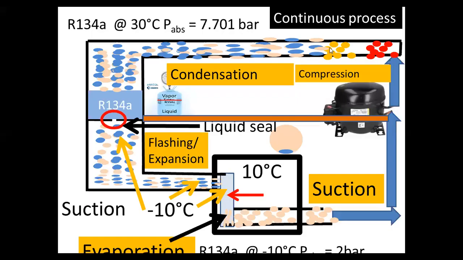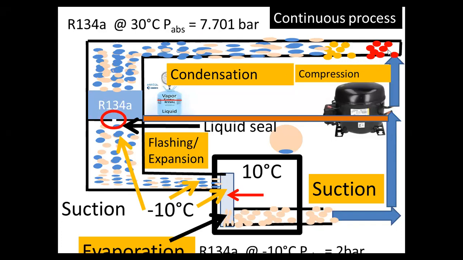And one more thing I forgot to mention. This fluid passing through these components, actually this fluid is the one performing. We call this the working fluid. At one place it's flashing, another place that fluid evaporates, another place suction takes place, subjected to low pressure, and then compression takes place, then condensation.